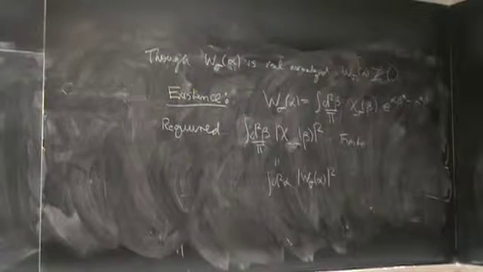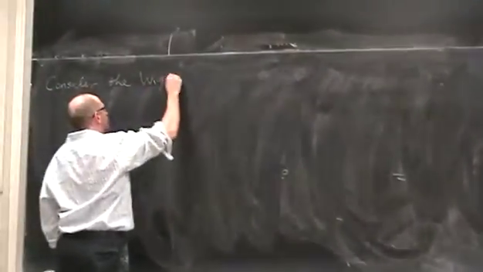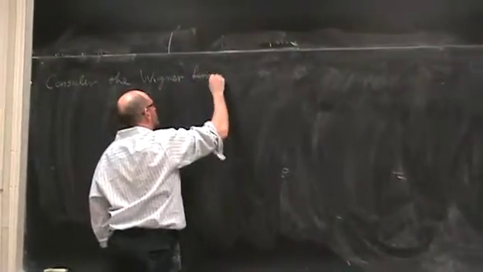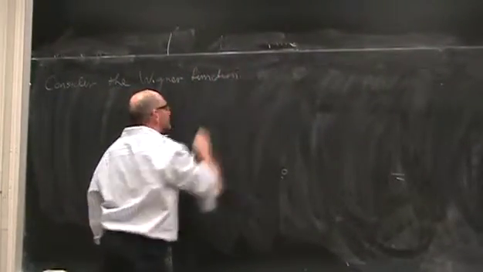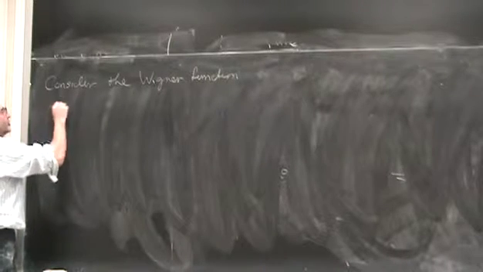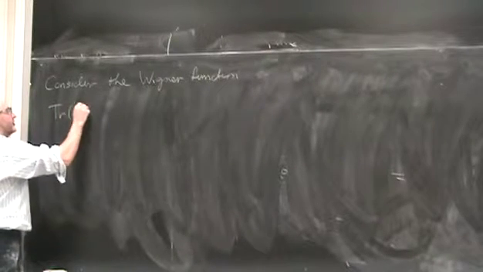All right, so consider the Wigner function. Okay? Let's look at the trace of rho squared.